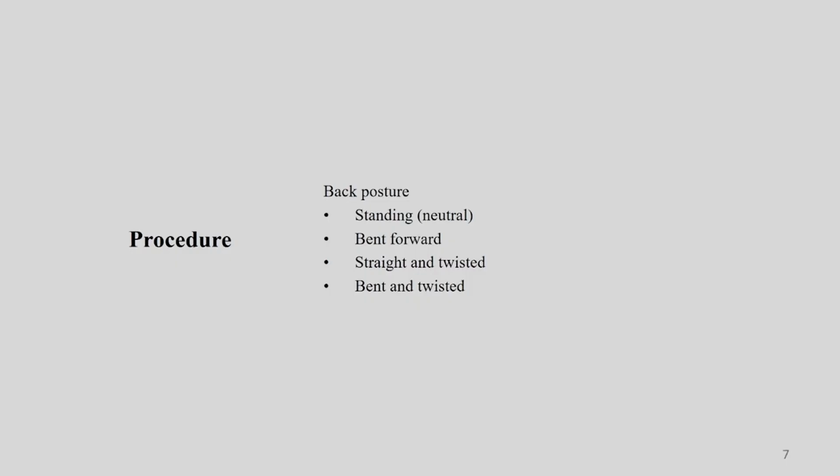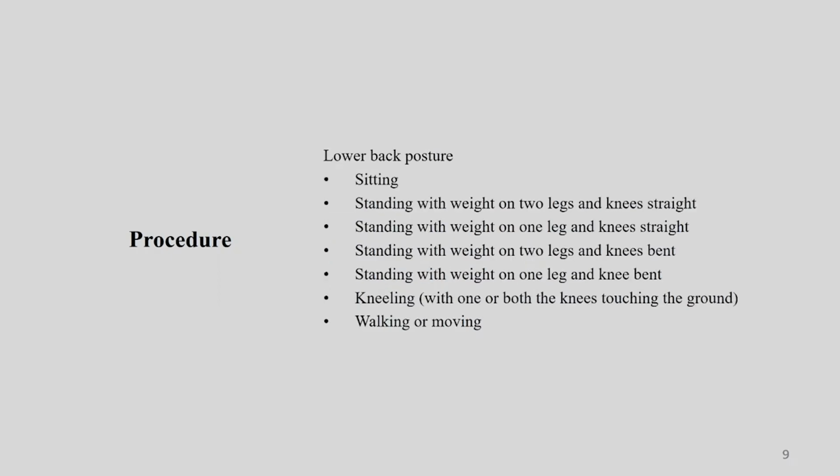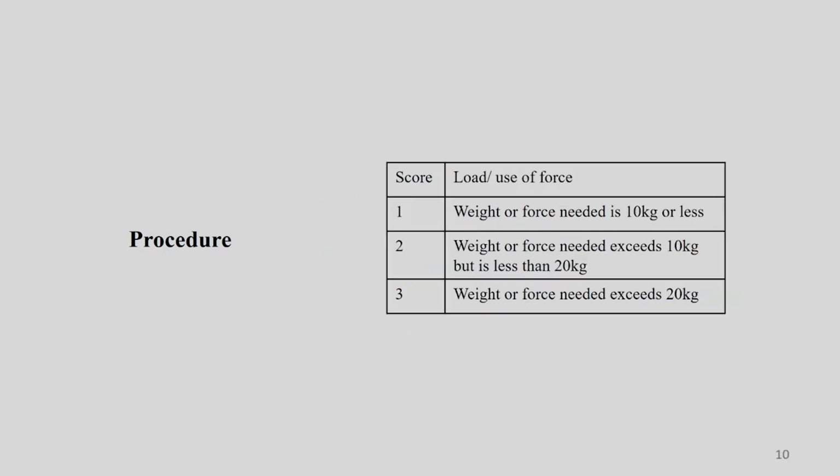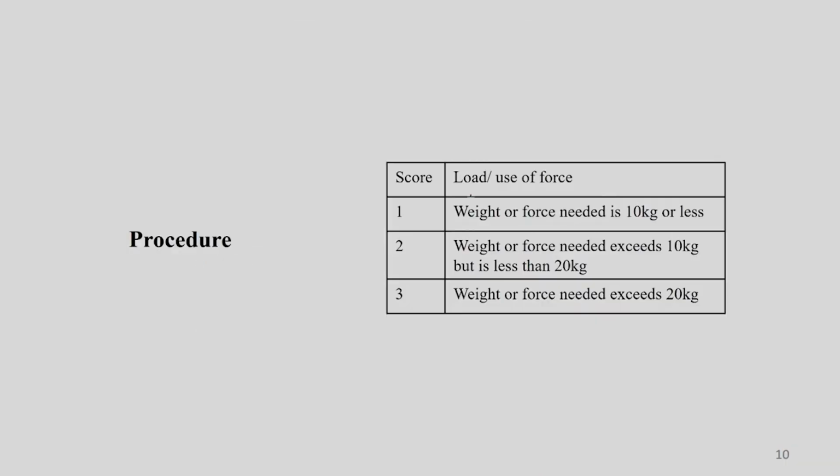Now let us see how we analyze it. Now these are the details like standing, bend, we described it, arm posture 3 types, and leg posture 7 types. We discussed it, right? Now let us understand how we get it. Now from this table, I will come back to this table later. So this is for your load and force use score.